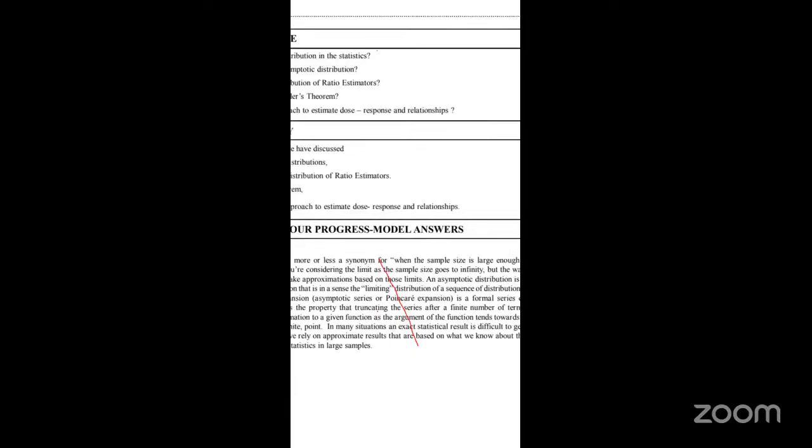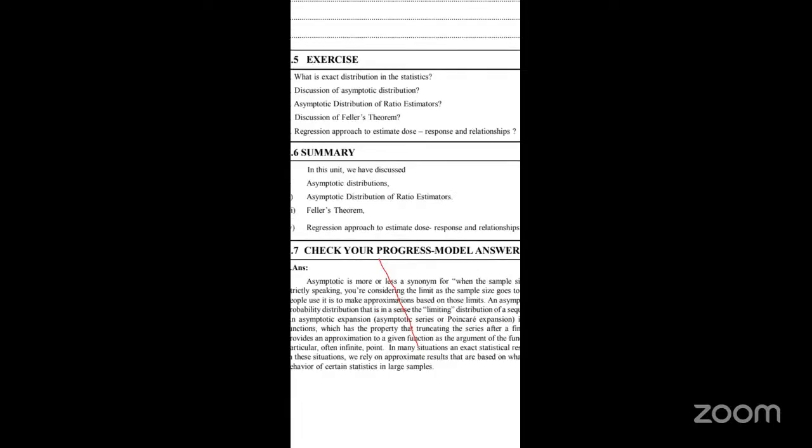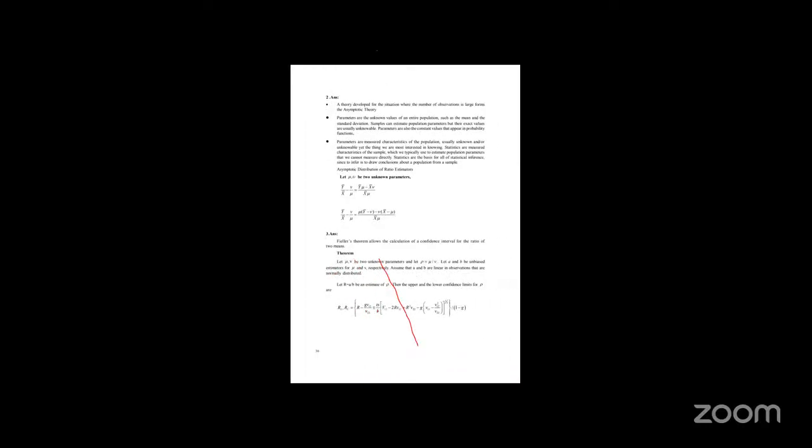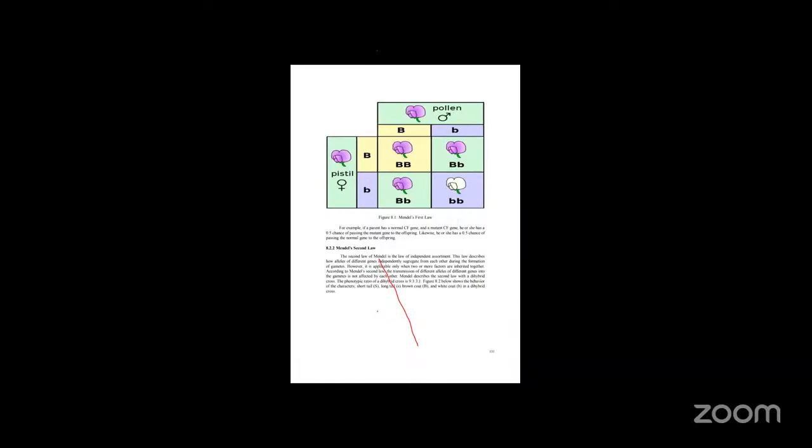So here are some questions. Asymptotic distributions of ratio estimators, Feller's theorem. So these are the theorems; please go through this theorem.